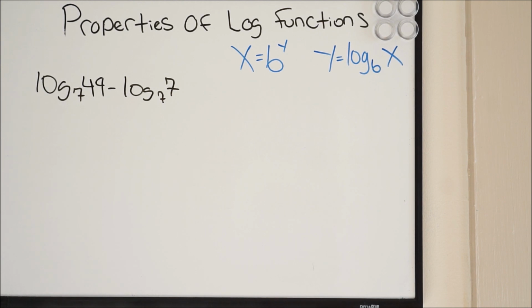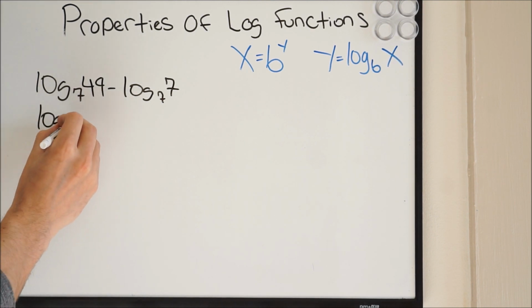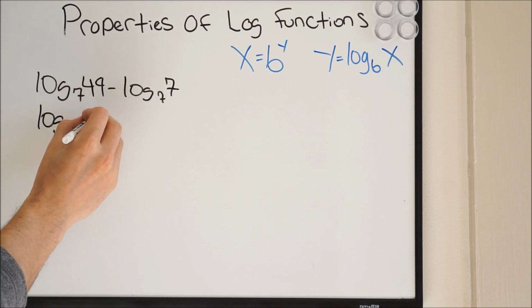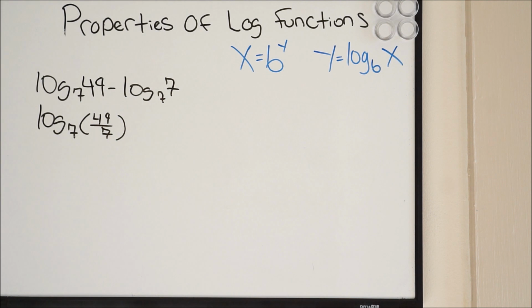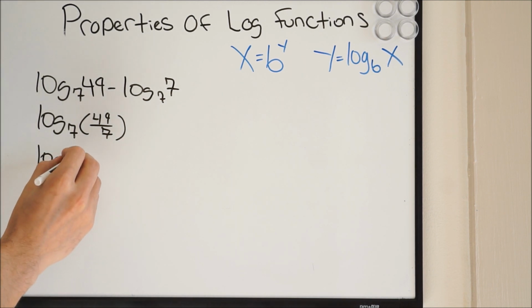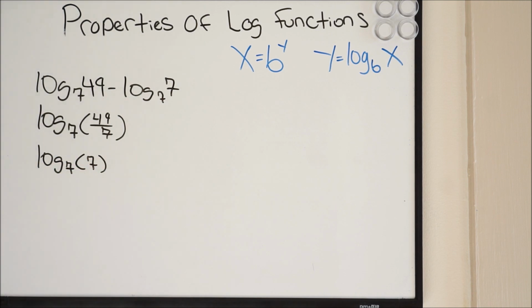Taking a look at this, I know that I'm dealing with the same base, and I'm subtracting. So in this case, I must be dividing. So I can rewrite this as division, so I'm going to write log base 7, 49 divided by 7. All right, let's go ahead and do this. 49 divided by 7, well, that's going to be 7. So we get log base 7 of 7.